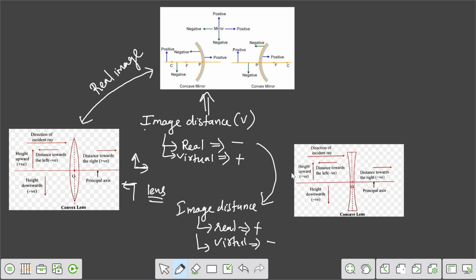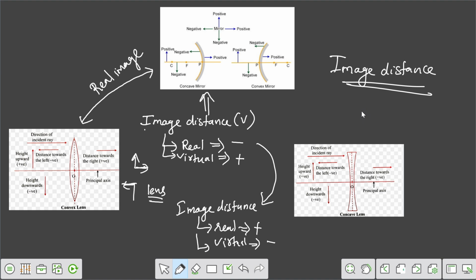So this is the only thing that changes, image distance. This is the only thing that changes for mirrors and lenses. So you just remember for mirror, and lens is just opposite of that.